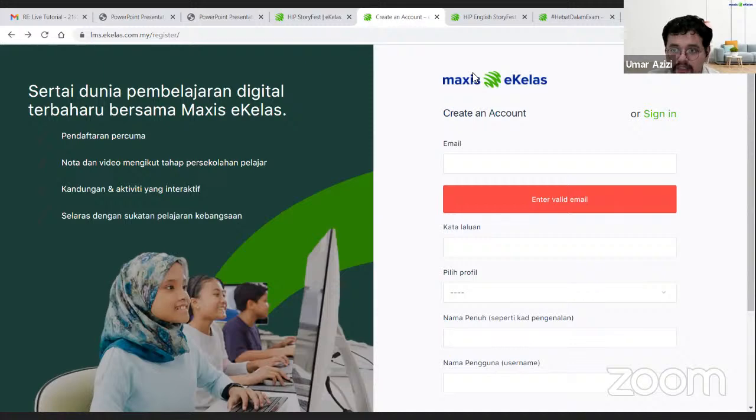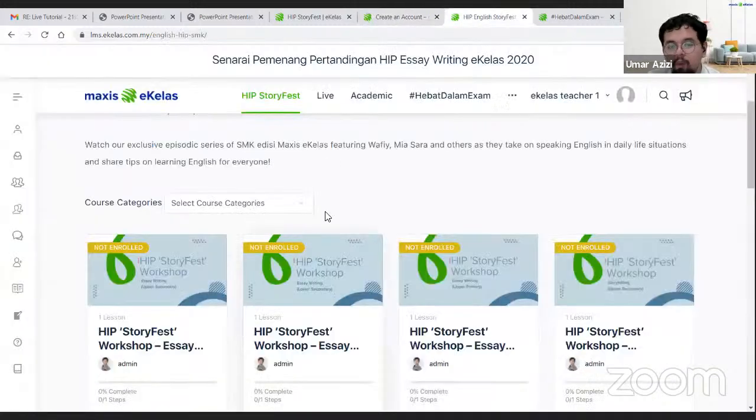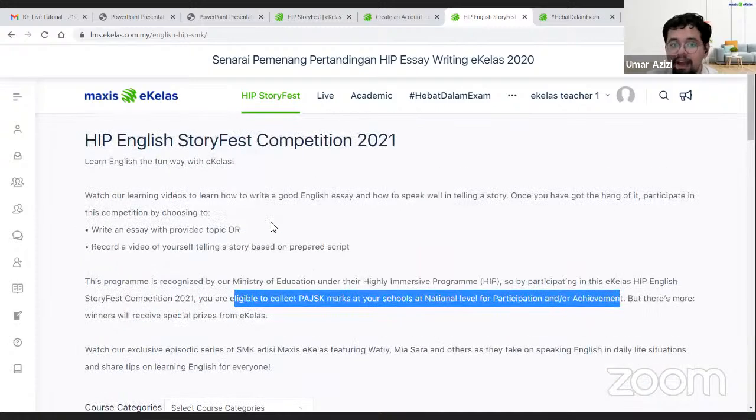Once you've registered, you'll find yourself here. One thing I want to point out is HIP Storyfest. It's an English Story Fest competition for the year 2021. You can either write an essay, where we'll provide a topic, or you can record a video of yourself telling a story based on a prepared script. Why is this important?